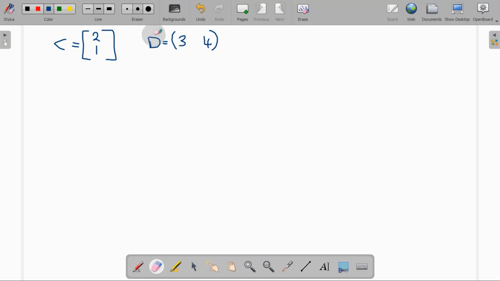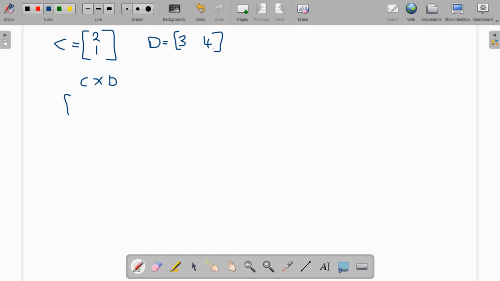Those are the two matrices that we have. Then we'll say C times D. So this is what we have.